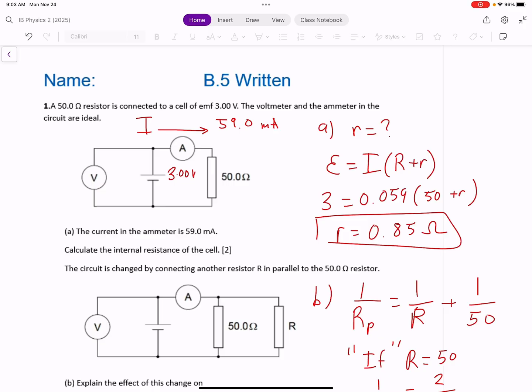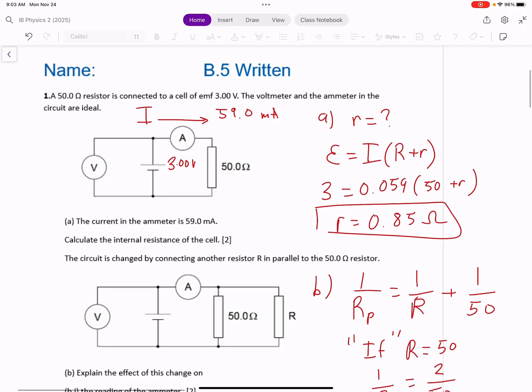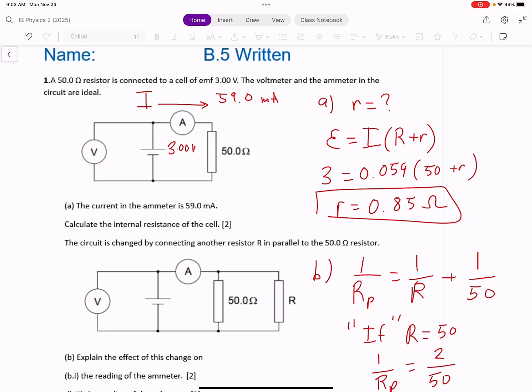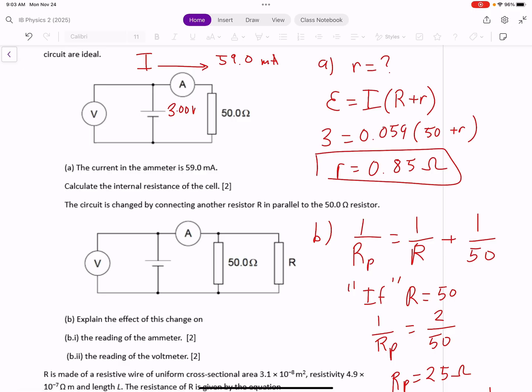The current needs to be converted to milliamps, and we're given the resistance of the circuit. There was only one resistor, so we just put 50 in here. If there were more resistors, we'd put the total resistance of the circuit. The internal resistance is 0.85 ohms, a small amount. Usually this number is small in comparison to the rest of the circuit.